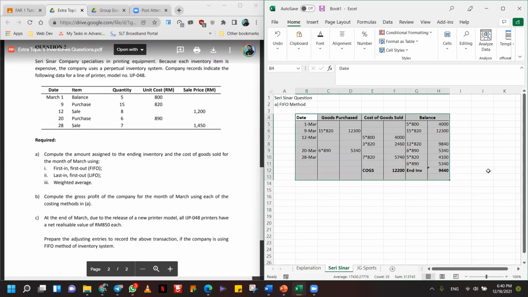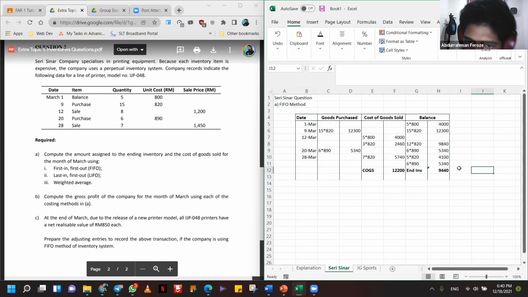Can you explain again? All right. So what was unclear in my explanation? Like in this, what is it that you don't get here? For cost of goods sold, starting from 12 March. You're a bit unclear. Can you type it? I'm not understanding what you're saying.